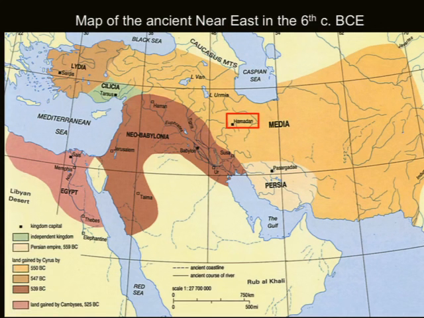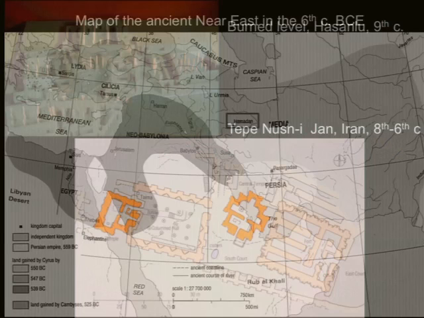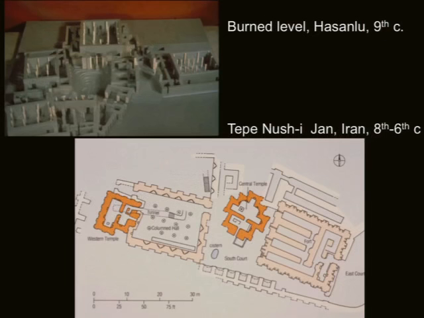Unfortunately, archaeologically, when it comes to art and architecture, there's not very much that we know. We know again that these sources talk about them being very culturally diverse, a confederation of different tribes and peoples, and that seems to play out in the art and architecture as well.